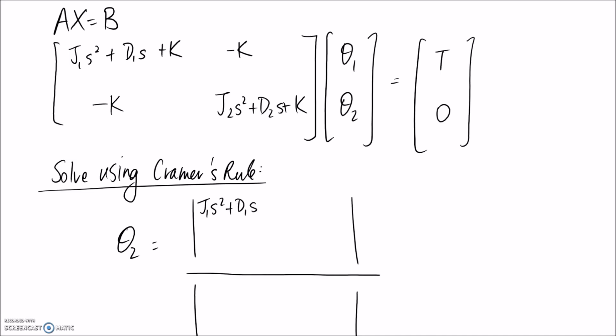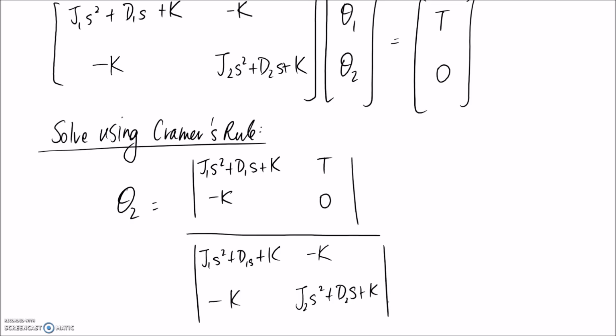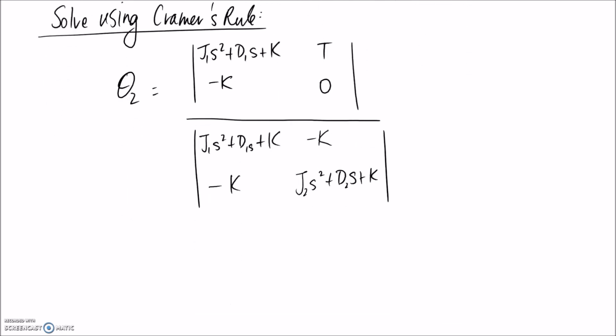So let's go ahead and fill this in. Since we're looking for the second one, the first column stays the same, and the second one has been replaced with t and 0. And now for the bottom line's determinant, we just copy straight down this A matrix. Okay, so now we just need to solve for these determinants.